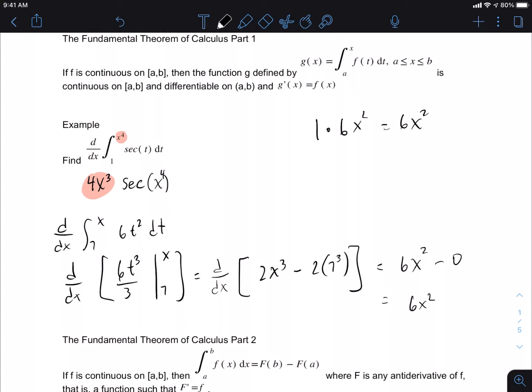So by understanding the process, we can save ourselves a lot of time. Does that make sense? Yes. So the derivative of the variable in the bounds, and then that bound plugged into the function.